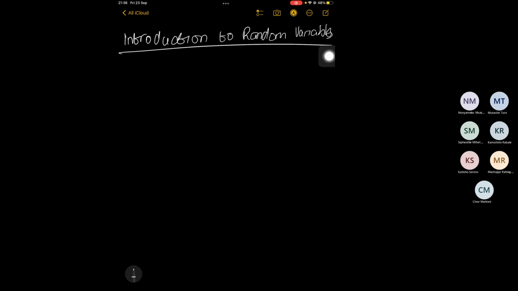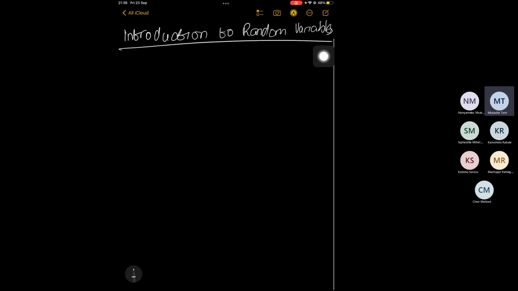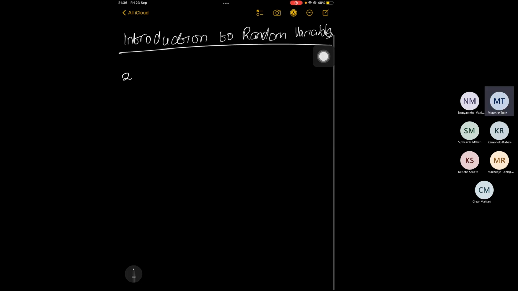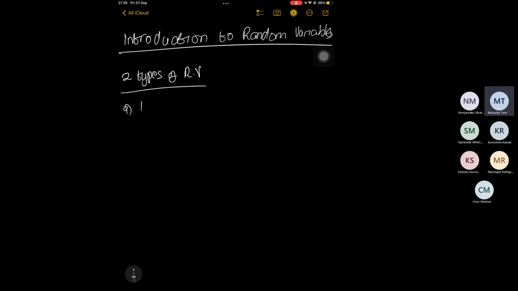So for random variables, isn't it? We have two types of random variables. The first one, we have discrete. Then the second one is continuous, isn't it?